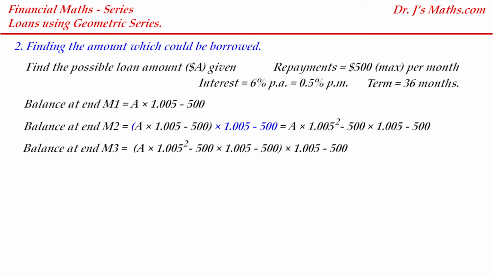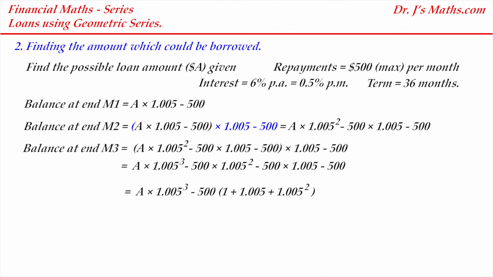We expand that in the normal way, and we notice that the first term is going to be A times 1.005 cubed minus, now the 500 is in each of these terms, so we're going to take out the 500 as a common factor, take the factors in reverse, and we're going to have 1 plus 1.005 plus 1.005 squared. So good. Again, we've got our first term, which is what Grace would owe if she made no repayments, and the second term is a geometric series in 3 terms.